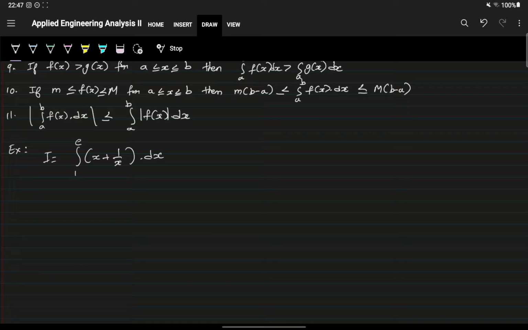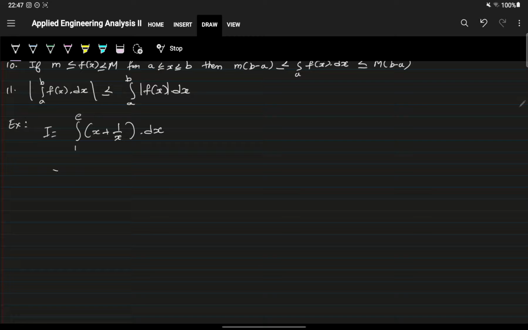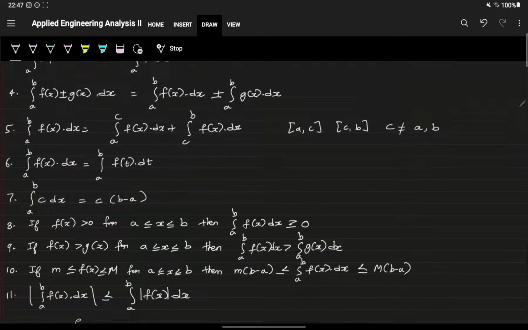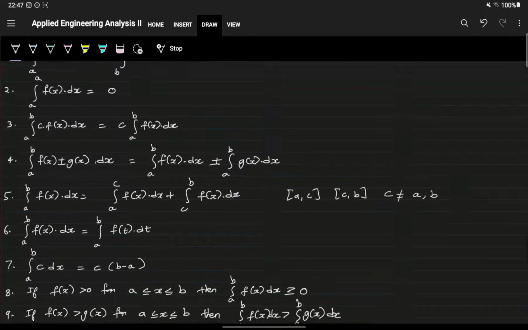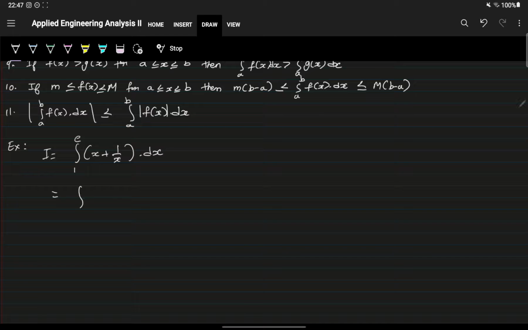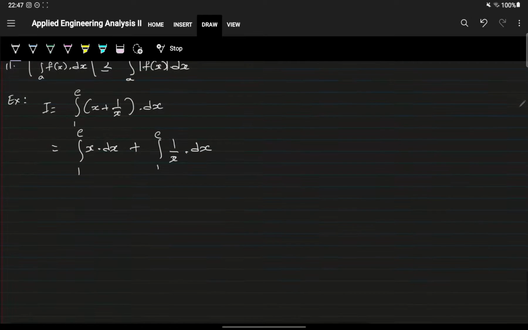So here we have the integral from 1 to e of (x plus 1/x) dx. So let us apply the definite integral to this, and using property number 4, we can split this into the integral from 1 to e of x dx plus the integral from 1 to e of 1/x dx, and this is x square by 2. 1 by x integrates to log x.